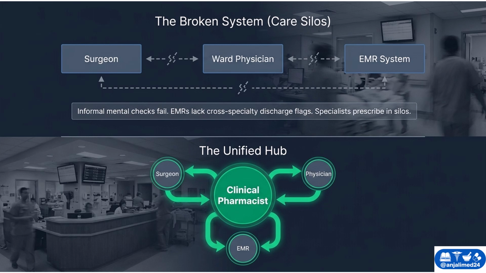The pharmacist verifies the home medications, new prescriptions, dose appropriateness, renal adjustments, drug interactions, duplications, and discharge counseling. Most importantly, the pharmacist bridges the communication gap between the specialties. This transforms medication reconciliation from a passive documentation task to an active patient safety intervention.